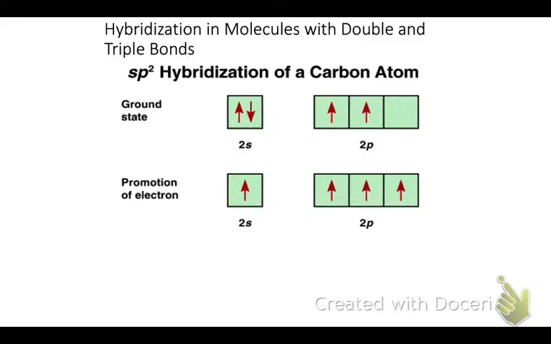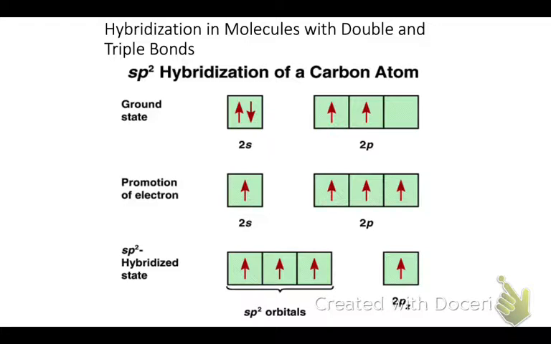However, there is a process that we call promotion that takes place. In the promotion, one of the electrons in the 2s gets promoted to occupy the 2p. Then after that, the atom hybridizes whatever it needs, all depending, of course, on the number of electronic groups, and that will leave 1 electron in a pure p orbital that was not hybridized.